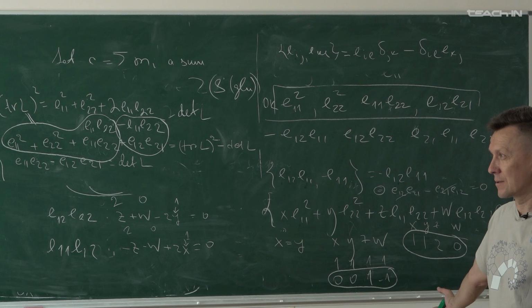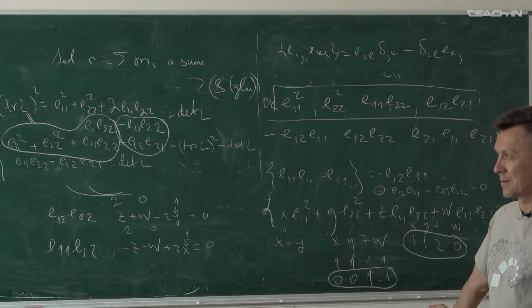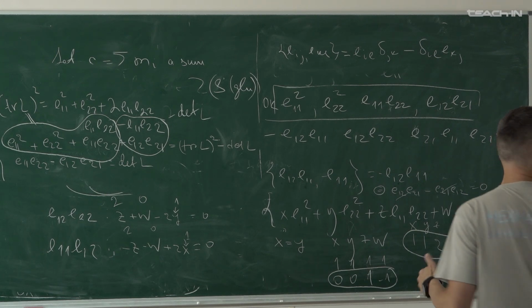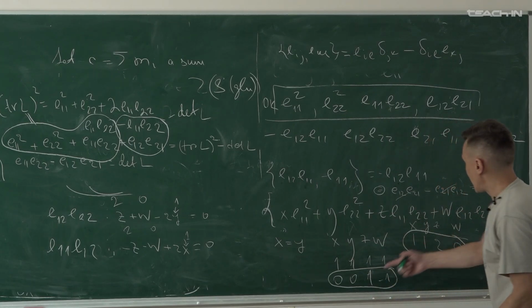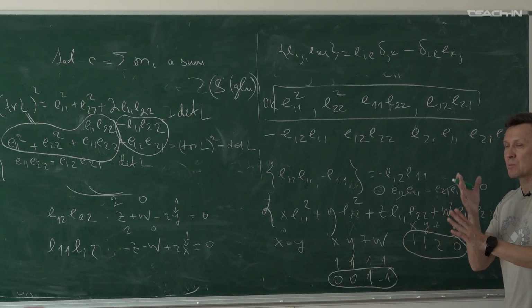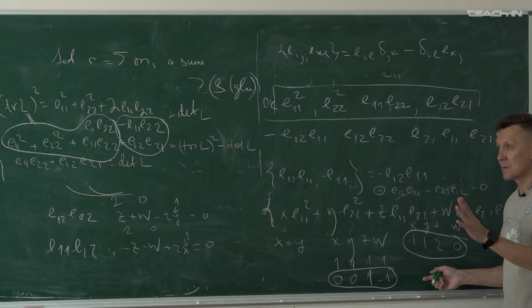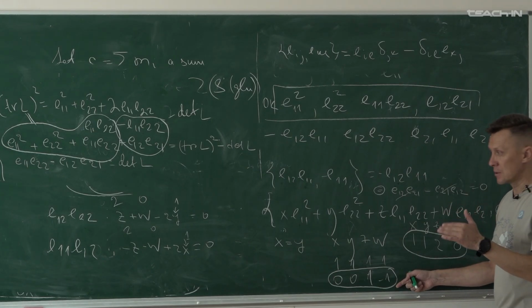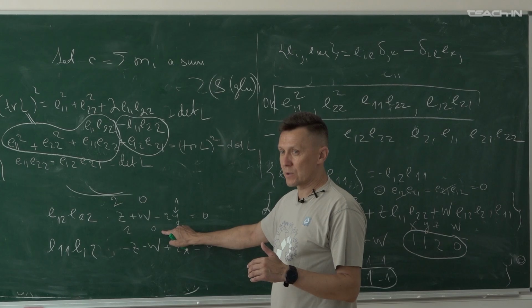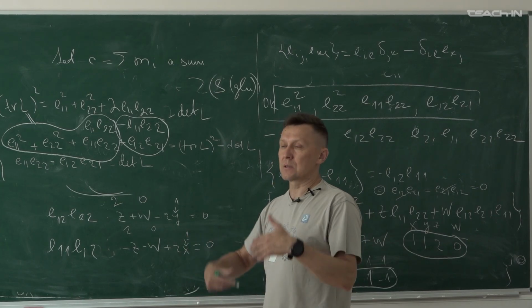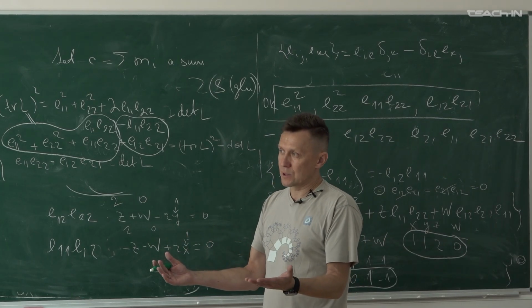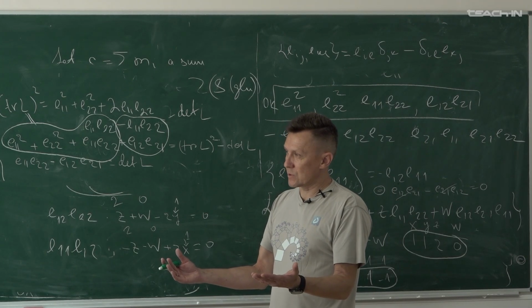They are not collinear. If not, they should be collinear, just proportional. They are not proportional. It means that they are linearly independent and their solution to the system of equations means that they form the basis of the space of solutions.